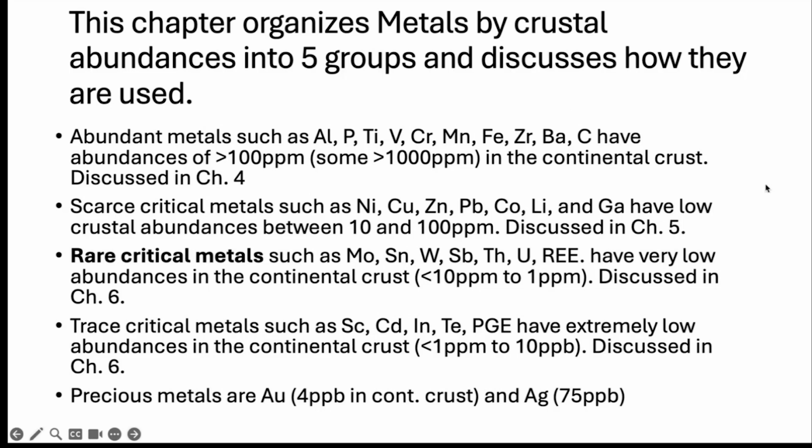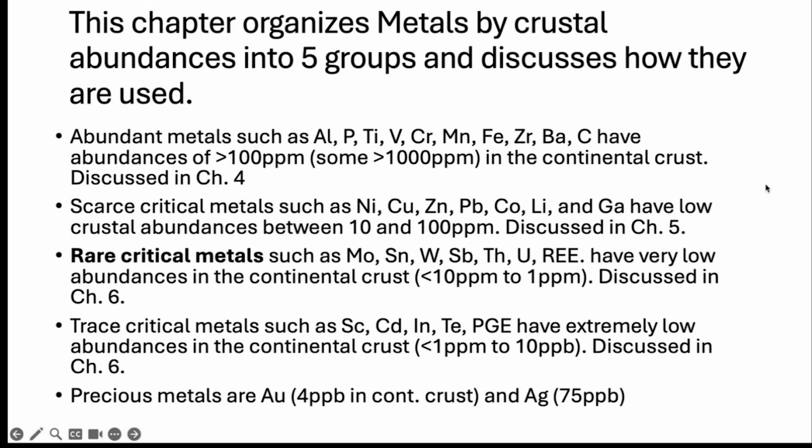All right, so let's talk about the rare critical metals, right? Molybdenum, tin, tungsten, antimony, thorium, uranium, and rare earths. So those three, Sn, W, and Sb, always confused me. But Sn is tin. You can tell that because it's got an N in it. And Sb is antimony.